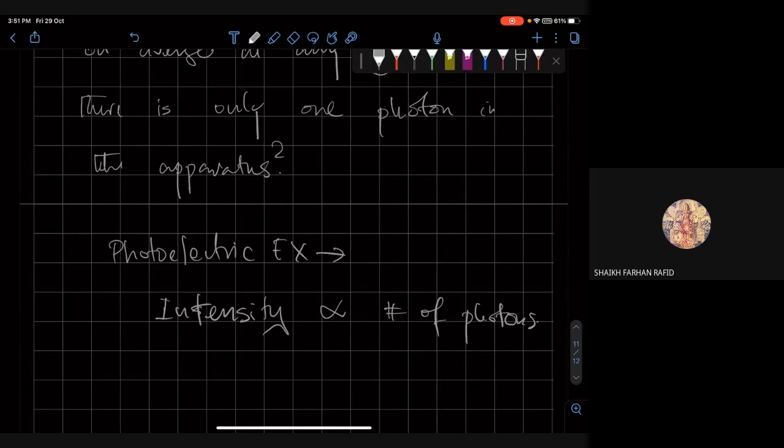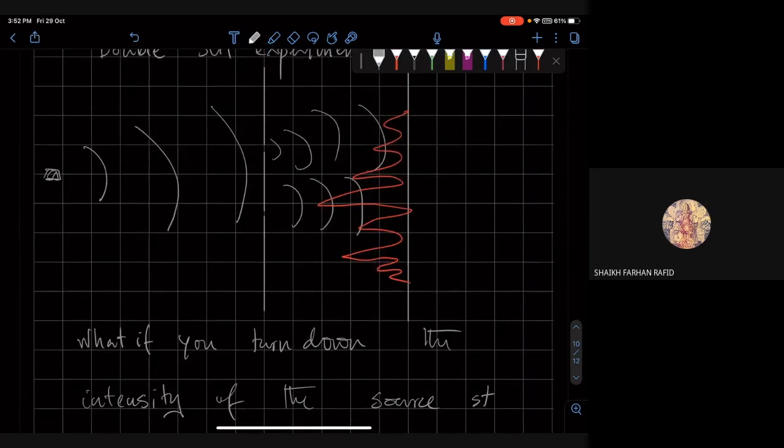What changes is the number of electrons being emitted, or in other words, the number of photons being absorbed. So the other extreme is that you turn down the source intensity so much that there's only one photon in the whole business at any given time.